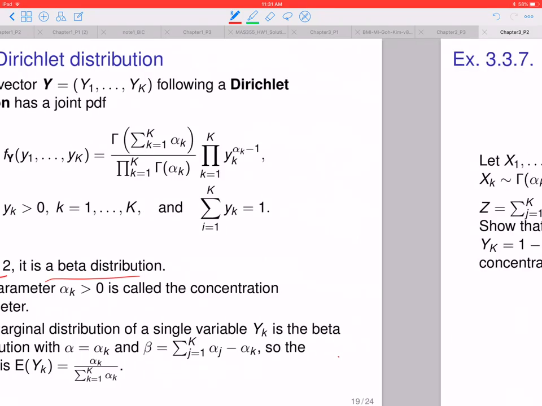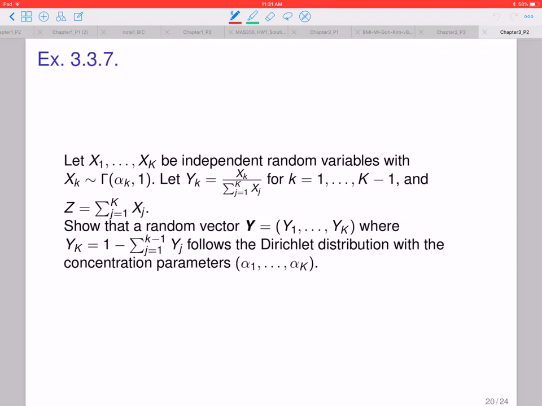I'm just going to give how it is derived. Okay, so let X1 to Xk be independent random variables, each one with a gamma distribution with the same shape parameter. Then the ratios become correlated.